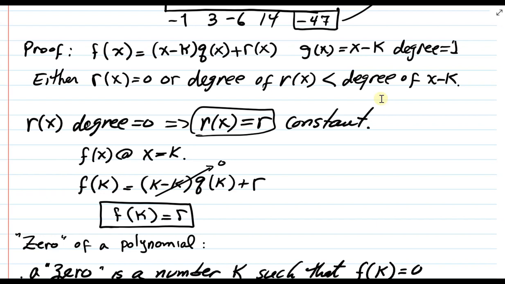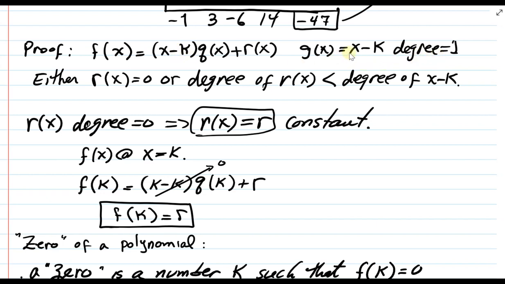All right, so let's take a look at the proof of the remainder theorem. So what I have here is f of x is equal to, remember, any function can be written as the product of a quotient, that's what q of x is, times a divisor plus possibly a remainder. Now, for the proof of the remainder theorem, we let g of x be x minus k, in other words, this divisor here.